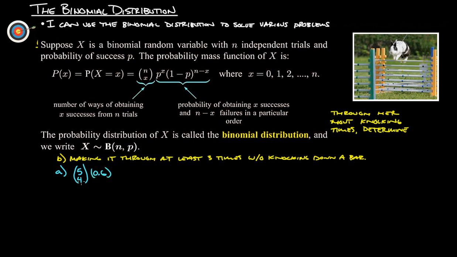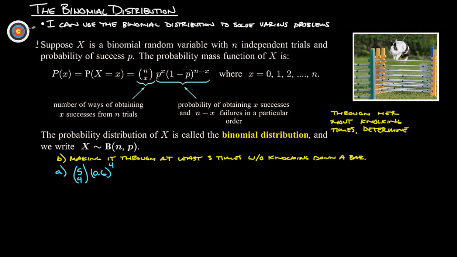So there's 4. We're trying to figure out what the probability of her making it through 4 out of the 5 times being successful, right? And then really the other 1 time is going to be not successful, right? So that's where the 1 minus p comes in. So if you think about it, if we do 1 minus 0.6, that is, in fact, let's do this over here.